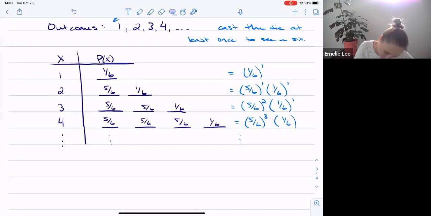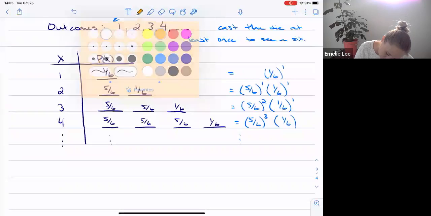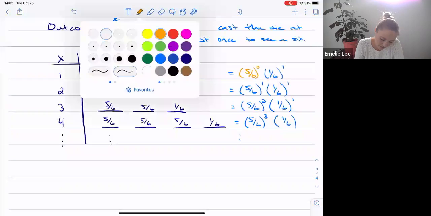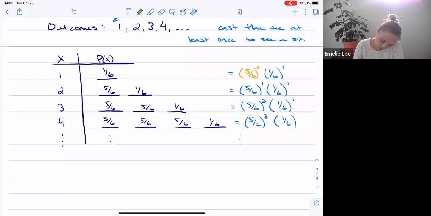And so I can show that here, because this is technically 5 in 6 to the power of 0. Anything to the power of 0 is 1. So now we can see this pattern: it looks like I end up at 5/6 to the power of x minus 1 times 1/6.